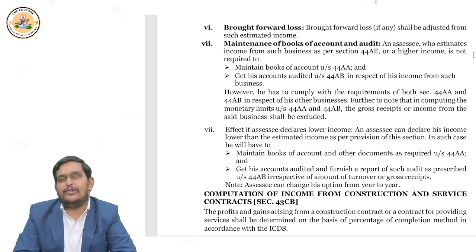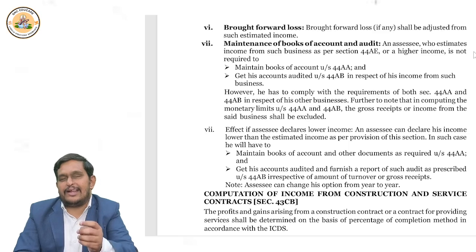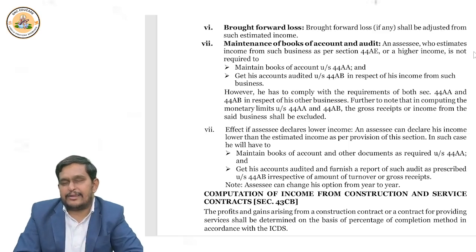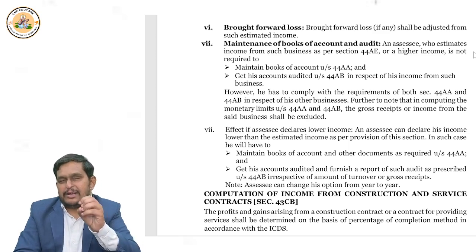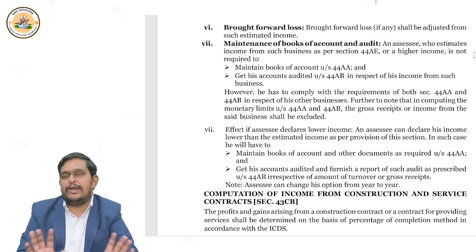Okay. This way you are supposed to remember the things. Only if you want to show lower income. If you are showing exactly the given income as per section 44AE, no problem. More than that, no problem. You show. But if you want to show less, then maintain books of accounts. Then do the tax audit. Suppose you are showing the same income as given in the section or more than that, then no need to maintain books.